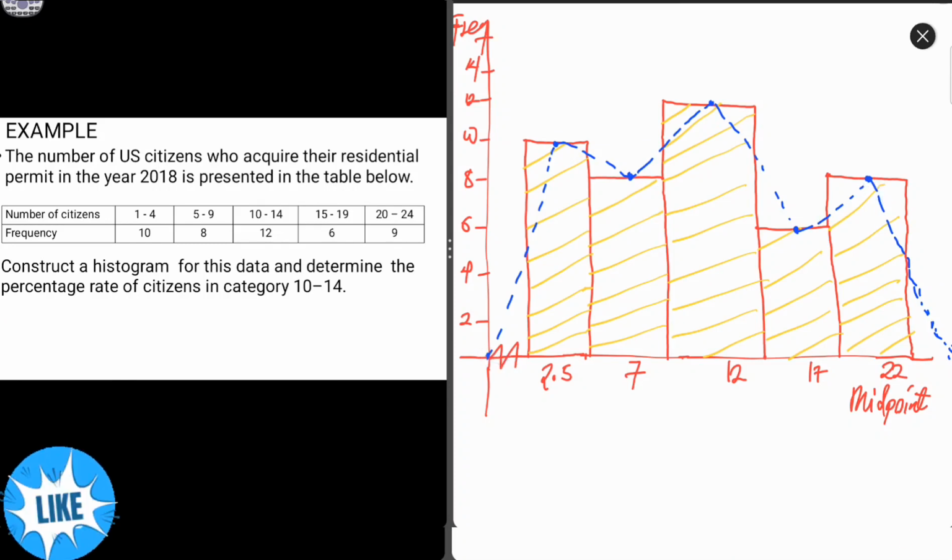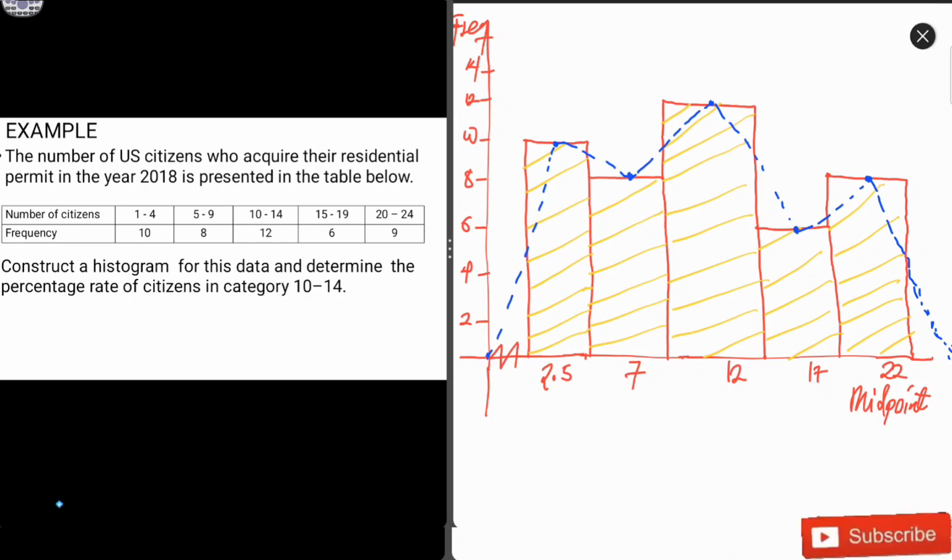So this is how a frequency polygon looks like. It's all about joining the tops of a histogram, and that will help you to form a frequency polygon. But a histogram, as I've indicated, is continuous data, and therefore there shouldn't be any space from one set of data to another. Is that okay? So that's basically how we construct a histogram and a frequency polygon.